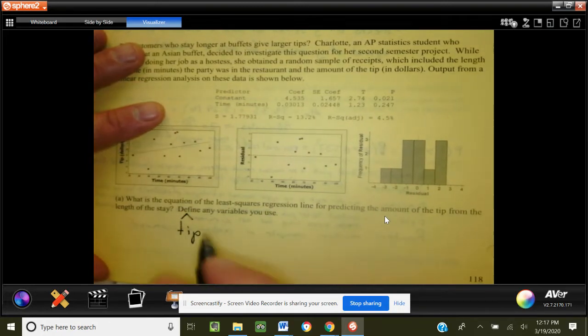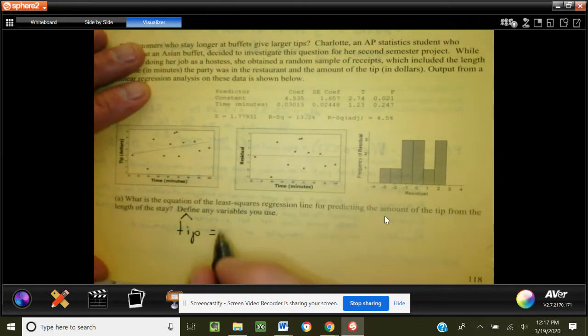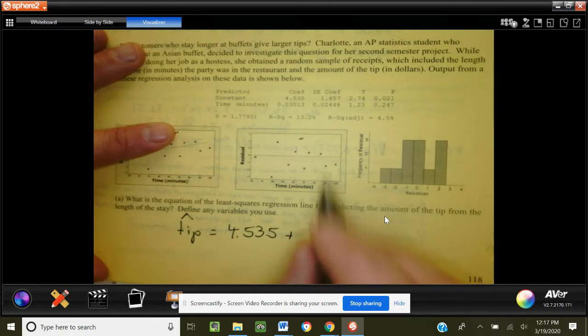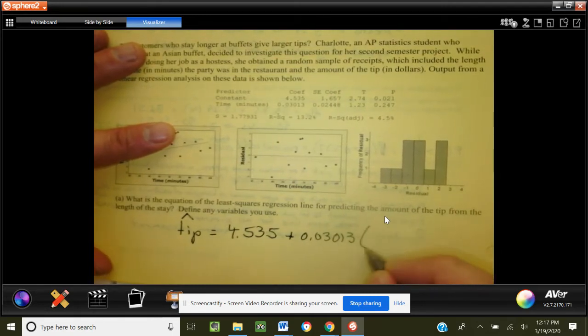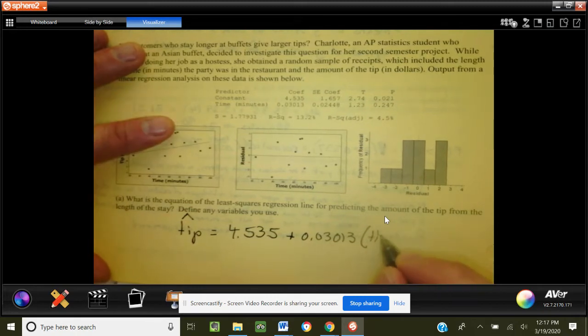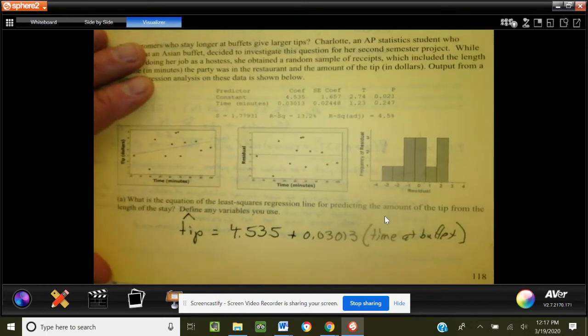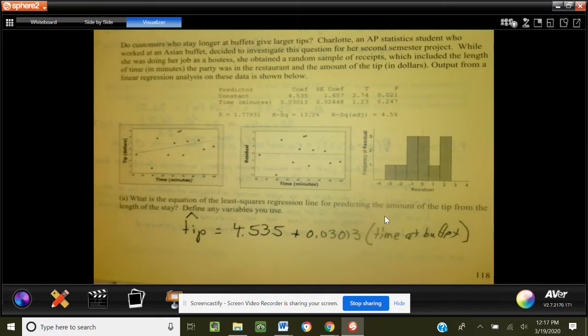So predicted tip is equal to the y-intercept 4.535 plus, because the slope is positive, 0.03013 times, what's our x here? It's time at the buffet. So there's our LSRL with the variables defined, and our hat like it needs to look. So moving on.